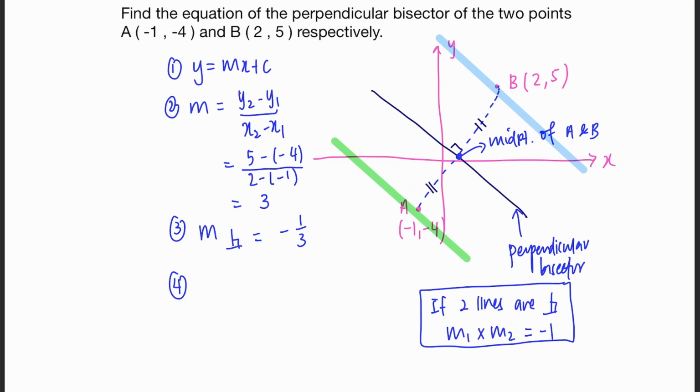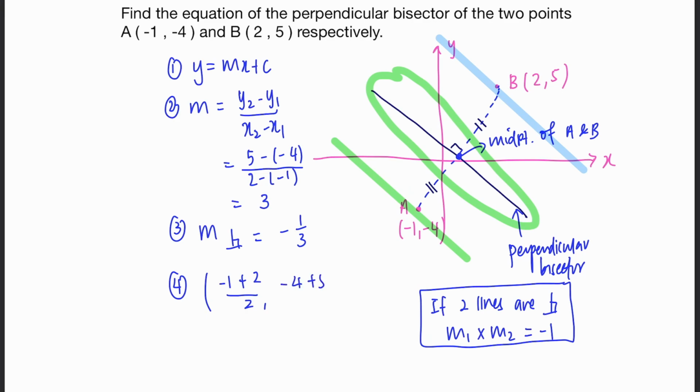But what we are finding is this line that passes through the midpoint of A and B. So that's why we need to find the midpoint. If you recall, the midpoint formula is x1 plus x2 divided by 2, y1 plus y2 divided by 2, which is half comma half.